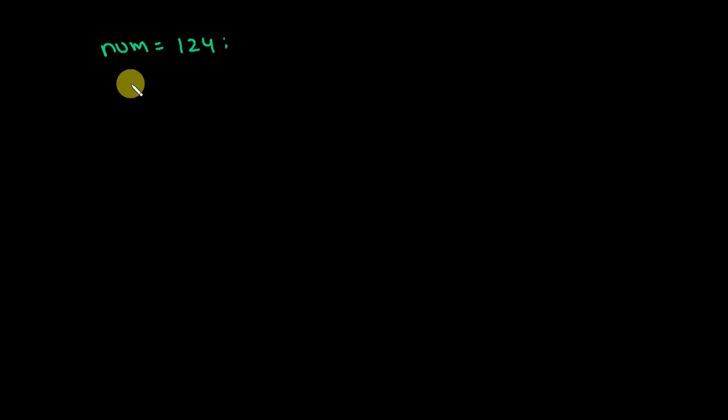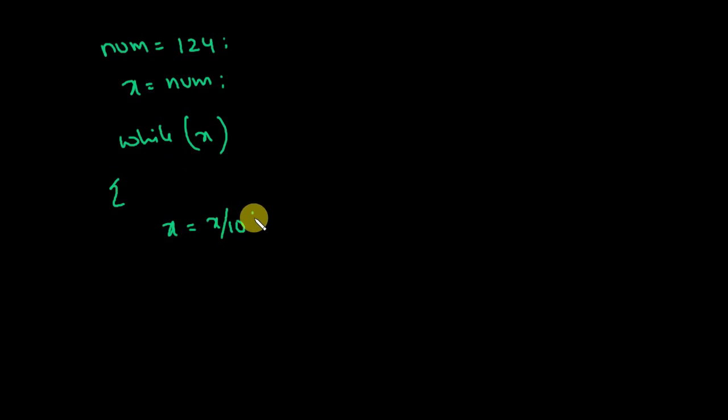In order not to change the number, I'll store it in a variable x. While x is not equal to 0, I divide x by 10, store it in the same variable, and increment n. This n represents how many digits are there, and I initialize it with 0. Now we'll run this.